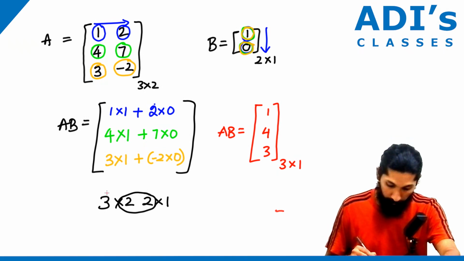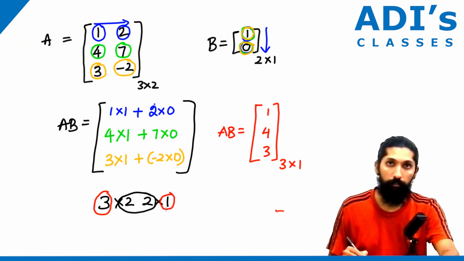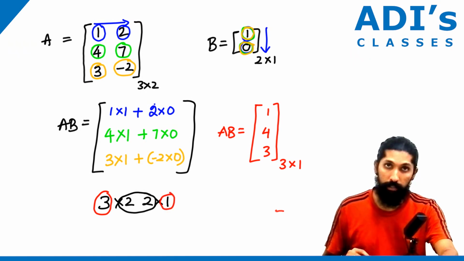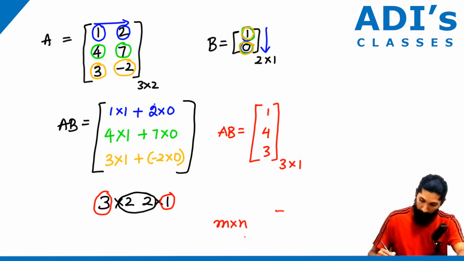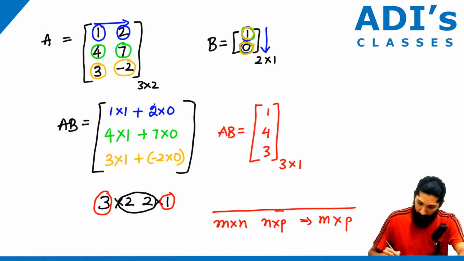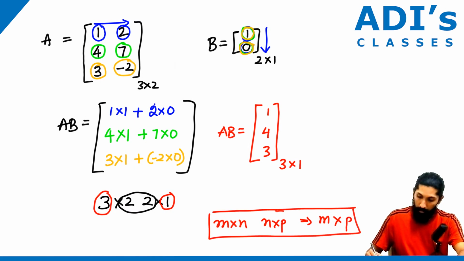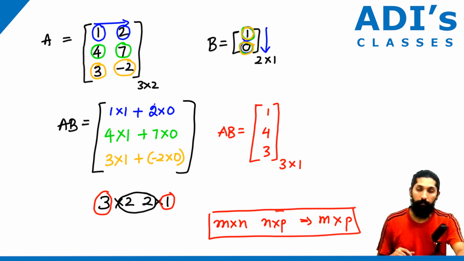You got the order of the final matrix as 3 cross 1. So in general what we say is that if you have M cross N as the first one, N cross P as the second one, then the final matrix will have the order of M cross P. You are going to get it as M cross P.